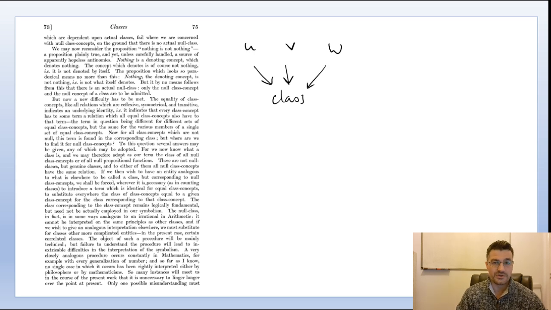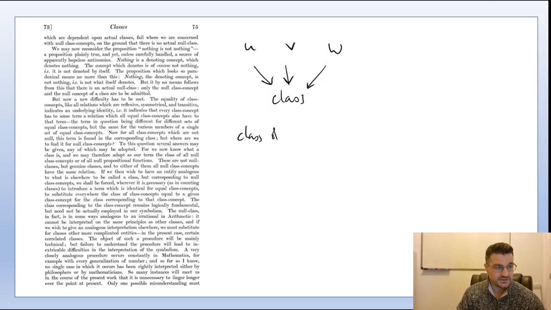So U, V, and W we take as meaning non-null class concepts, but equal class concepts. But they all also have evidently a relation to the class of all equal class concepts.